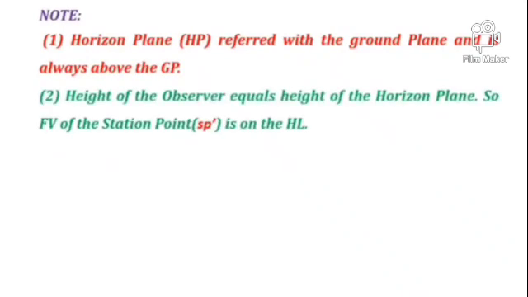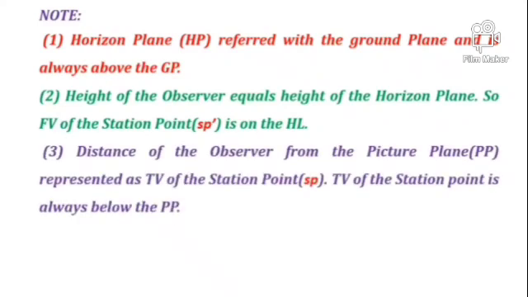The height of the observer equals the height of the horizon plane from the ground plane. So the front view of the station point SP dash is on the horizon line. The distance of the observer from the picture plane is represented as the top view of the station point. The top view of the station point is always below the picture plane. So always the observer is in front of PP, so it will be below the PP line.